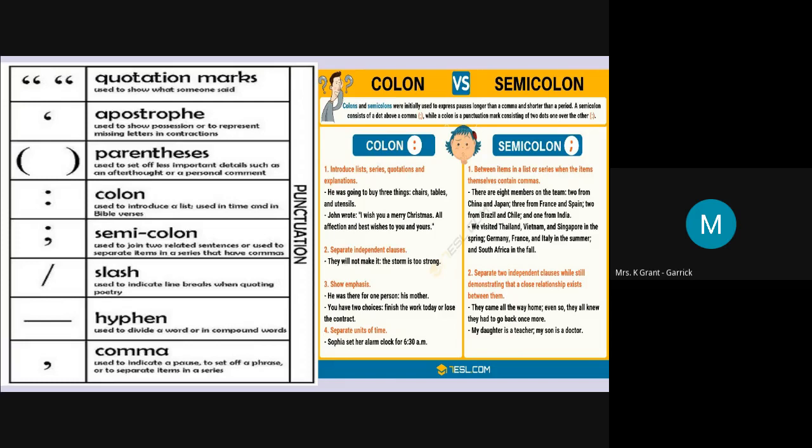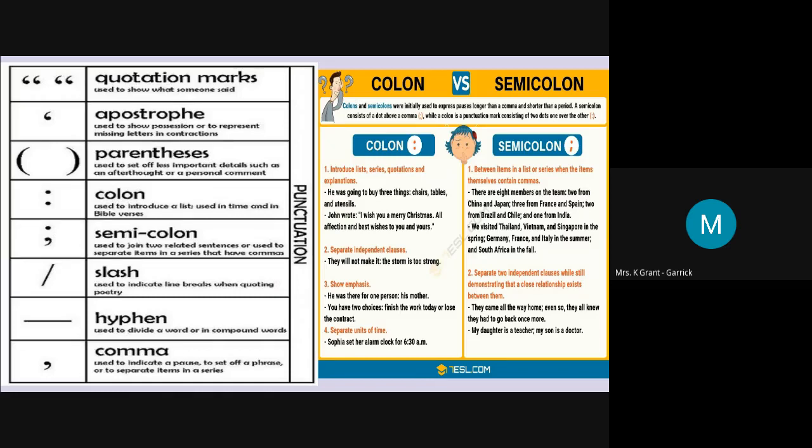They are closely related. So when the ideas are closely related: they came all the way home; even so, they all knew they had to go back once more. But notice the contrast over the other side with the colon and the independent clause, the ideas are opposite. They will not make it; the storm is too strong.